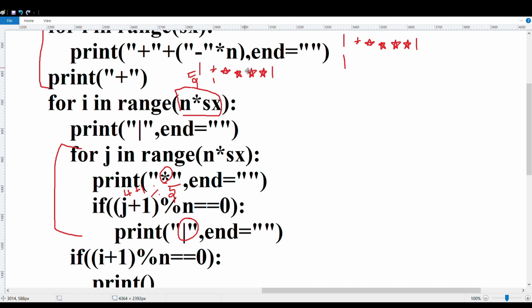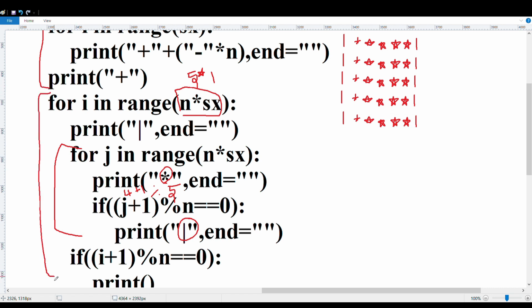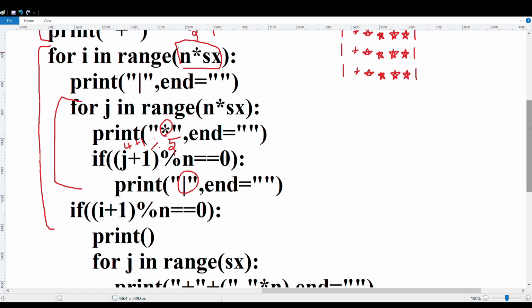So this will be for the second time, this for the third time, this for the fourth time, and this for the fifth time. So 5 times you're printing this part, and with these 5 lines this part is over.